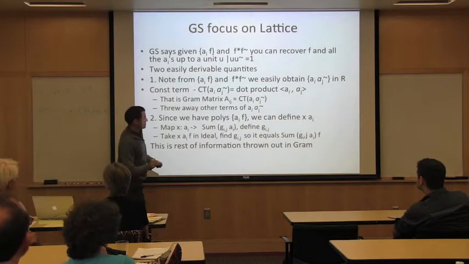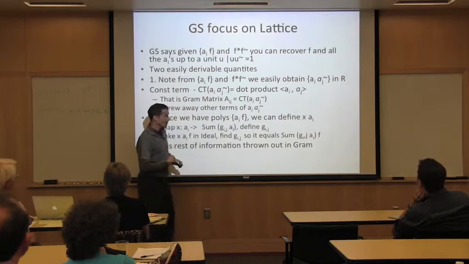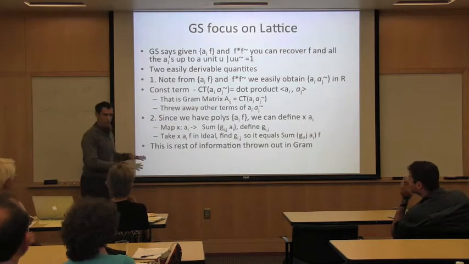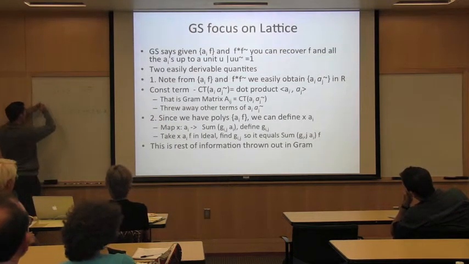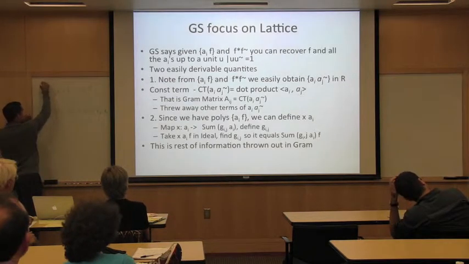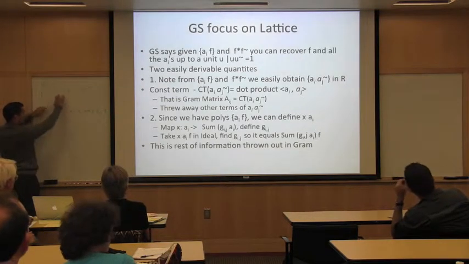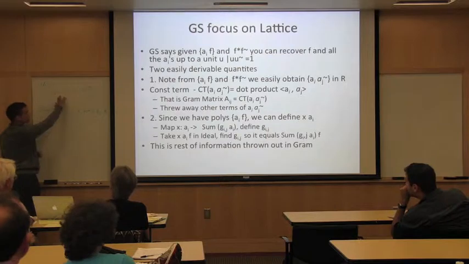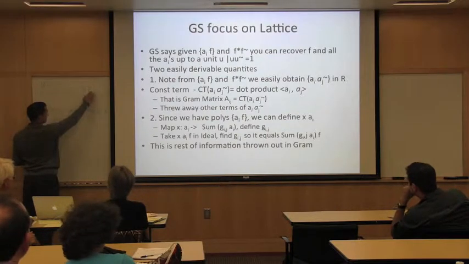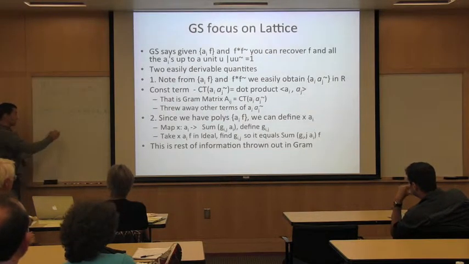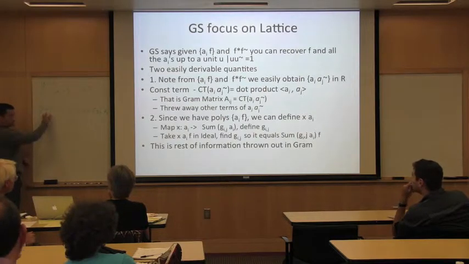Yeah. So from the information that was presented in the GS data, which is these polynomials for this ideal and V times its conjugate, well, I just reminded you that also easily encodes this Gram matrix of those a sub i's.